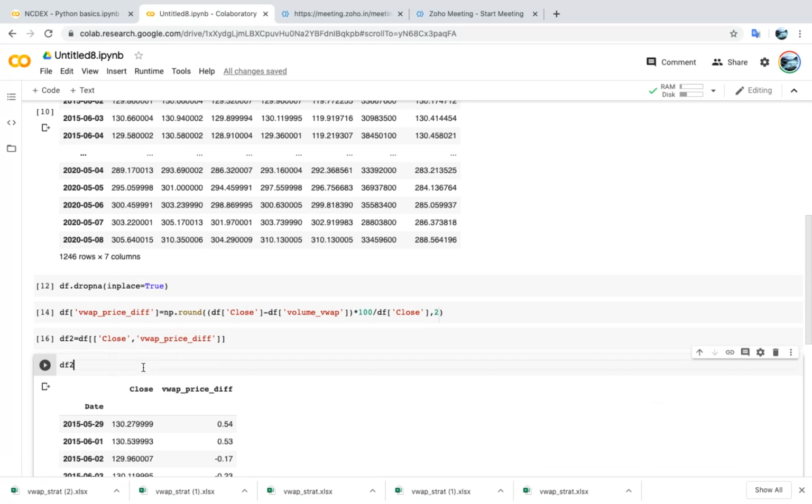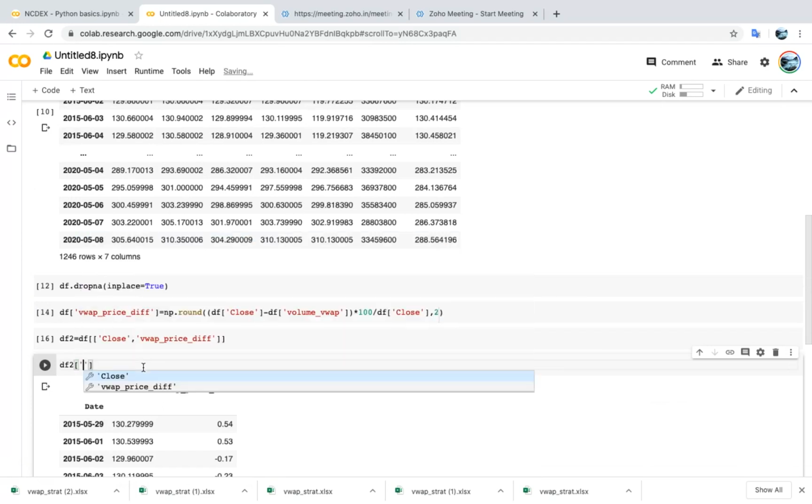And now I want to see when do I need to take a long position, when do I need to exit out. How will I do that? I don't know anything much about VWAP. I don't know about the VWAP strategy. So what will I do? Let me do a few more things.